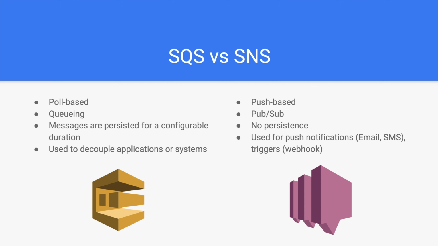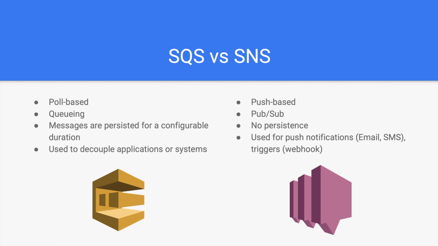In SQS, obviously, the messages are queued while waiting for a listener to grab them. SNS is pub sub. Messages are published in a topic, and any subscriber subscribed to the topic will receive the message in real time. If there are no subscribers to receive a message, it is lost.